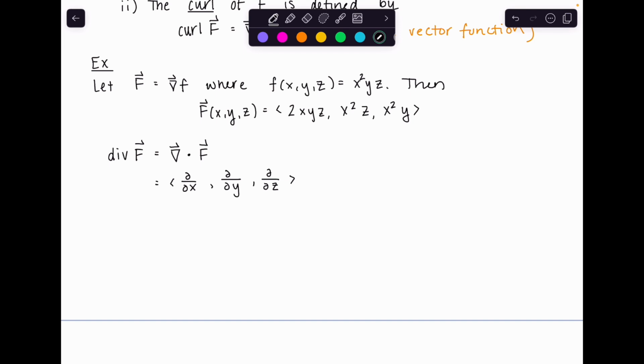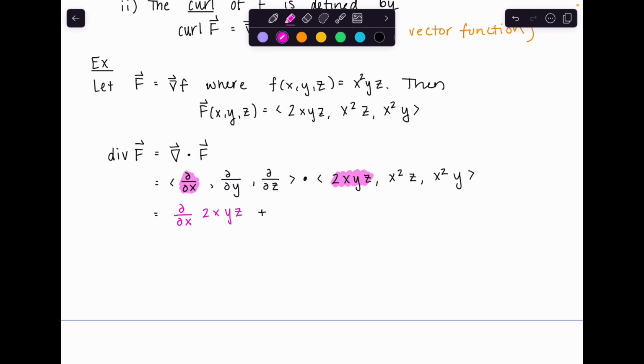So here I'm going to take my del operator and dot product it with this vector that I just found. Okay. So that means I want to take the first pieces and multiply them together. So essentially what that's doing is I'm going to find the partial with respect to x of the first component.